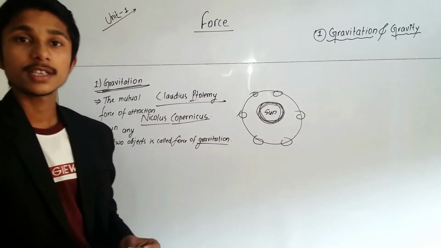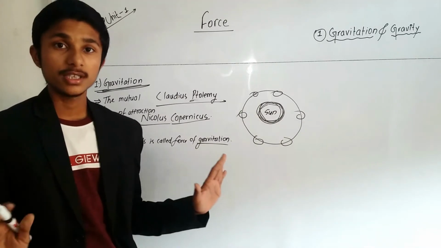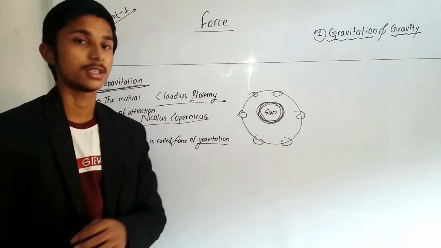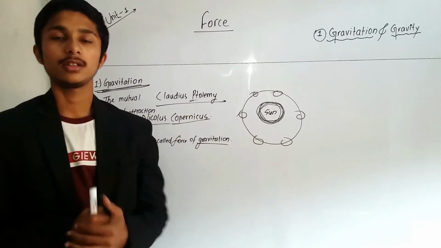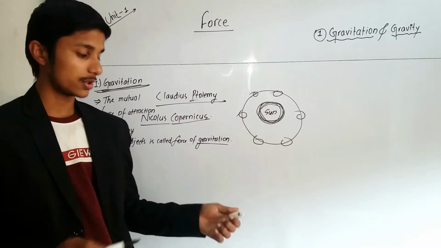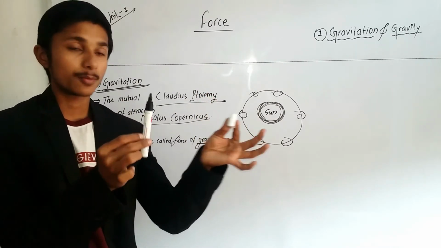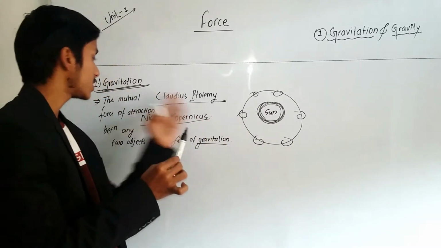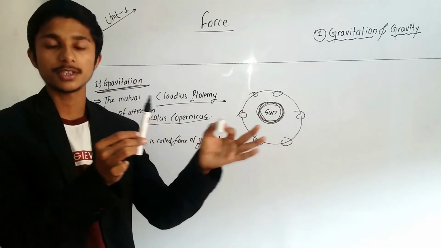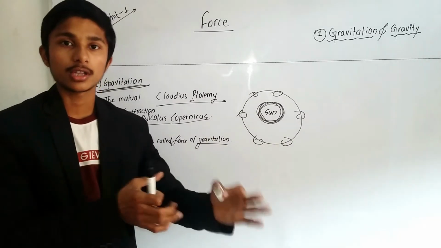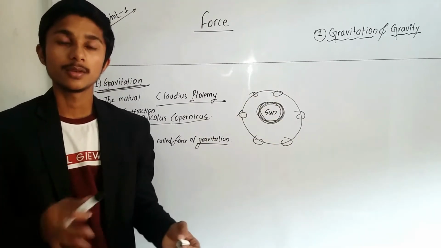The force of gravitation is not easily noticeable on small masses, meaning it is negligible between small masses. Suppose between the lead of the marker and the marker, the gravitational force between these two objects is negligible, but it can be noticed on large bodies with big mass.